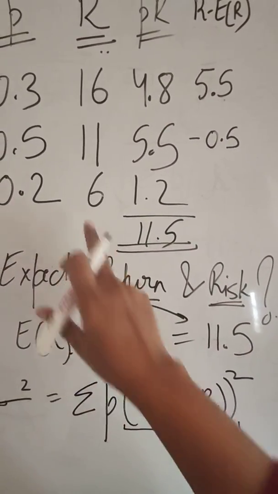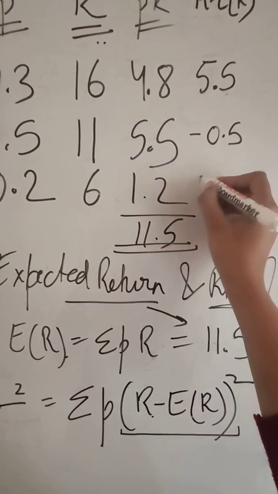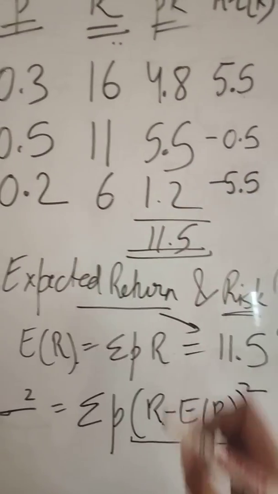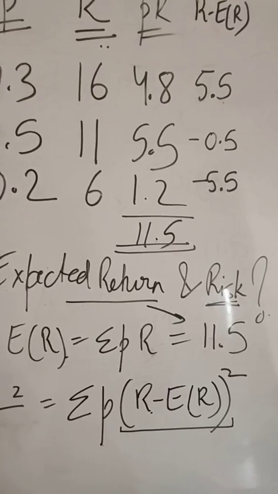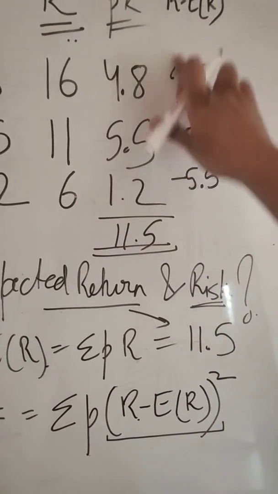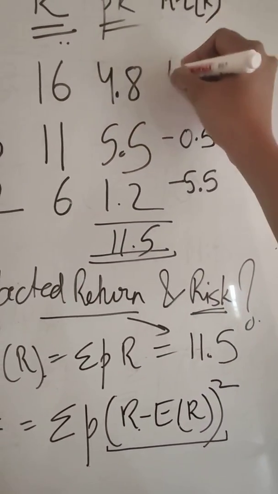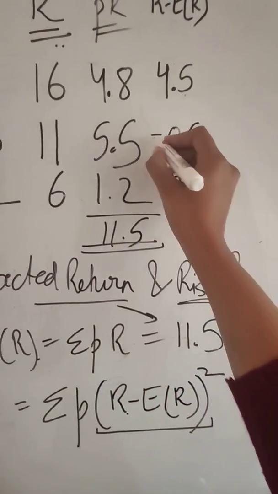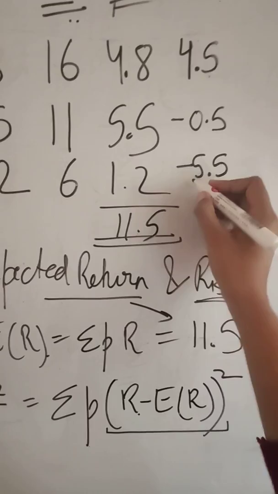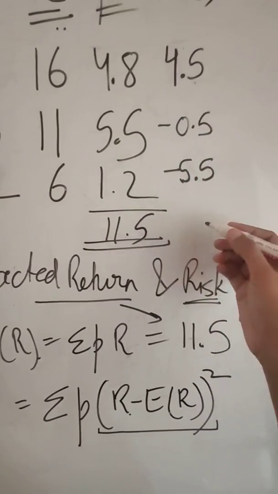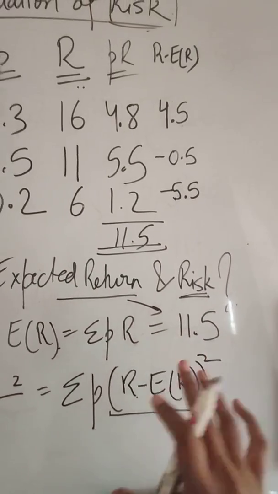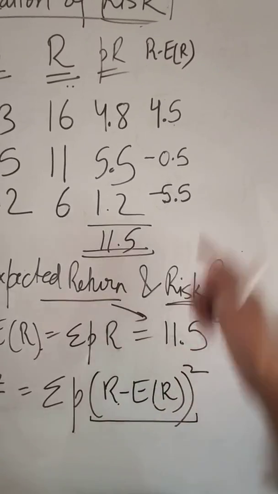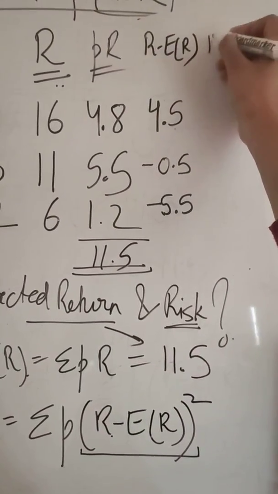And lastly 6 minus 11.5 is minus 5.5. If you want to calculate the total, you can, but it is not required. We have to have the square of this term, so hence we will square this.